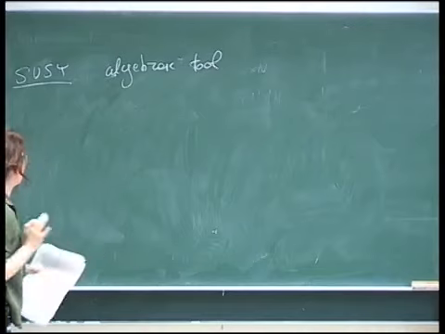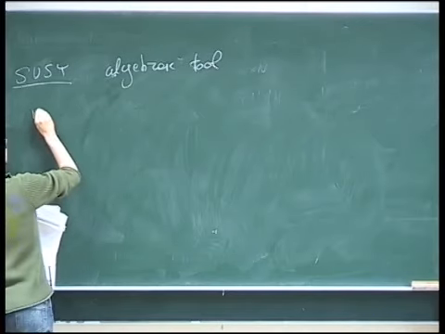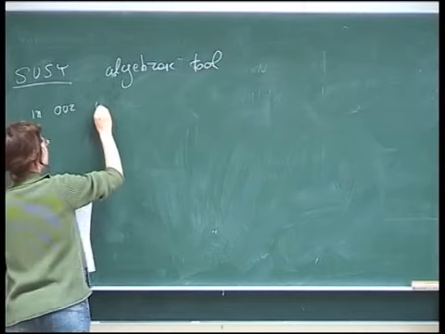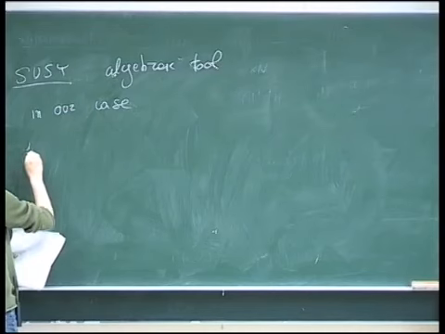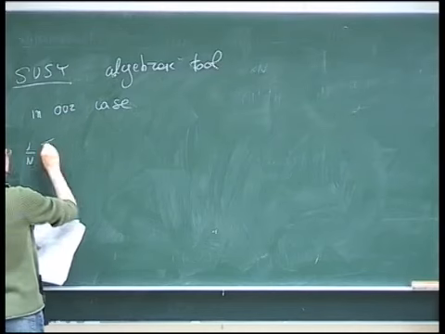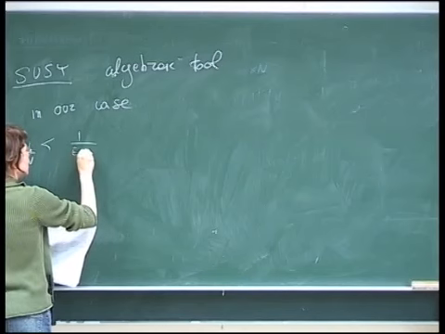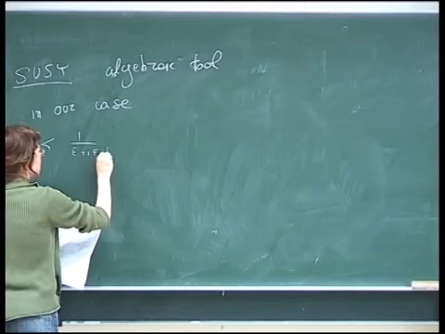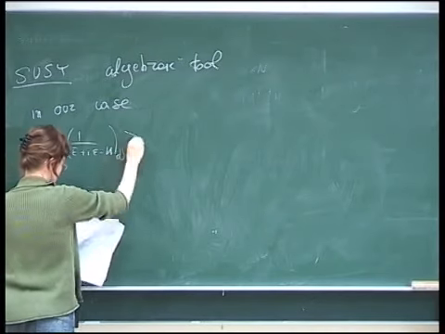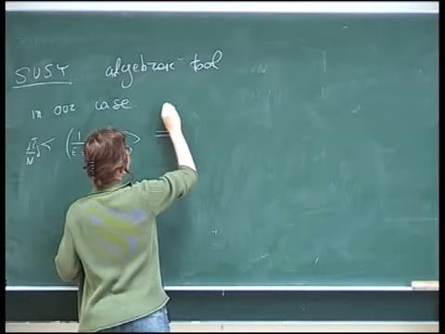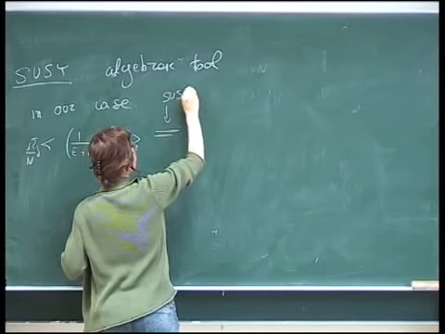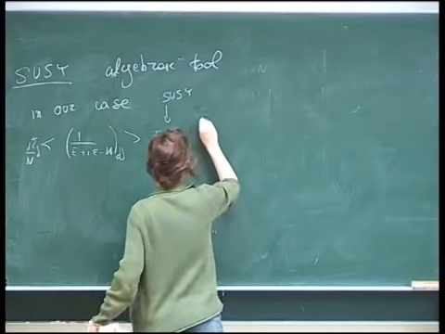So, in the particular case of GUE, we will see the following: 1 over n, the average of this matrix, sum over j, is equal, using supersymmetry, to the following integral.